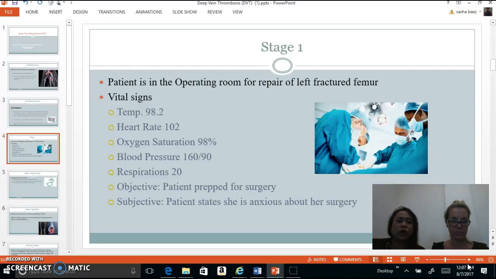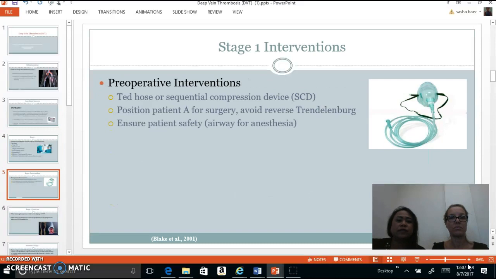Subjective: patient states that she is anxious about her surgery. The preoperative interventions include TED hose or sequential compression device, SCD, positioning the patient for surgery by avoiding reverse Trendelenburg, and ensuring patient safety, especially the airway for anesthesia.